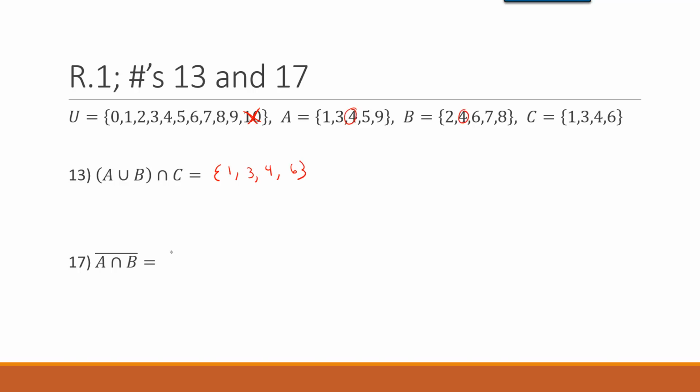So the opposite of that will be everything else in the universal set with the exception of 4. So that will be the complement of the intersection of A and B, just the opposite of what's in the universal set from what they're asking.